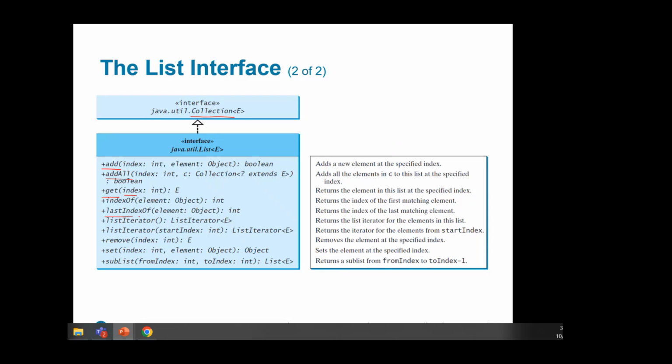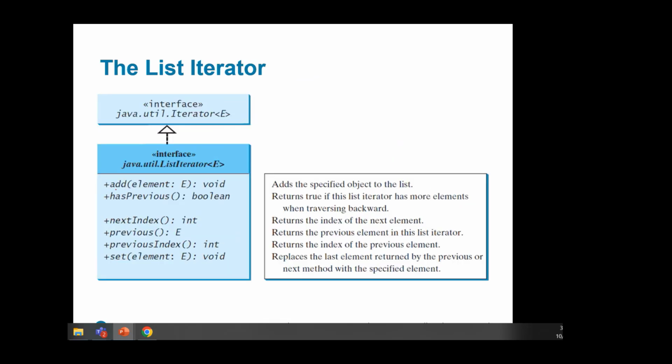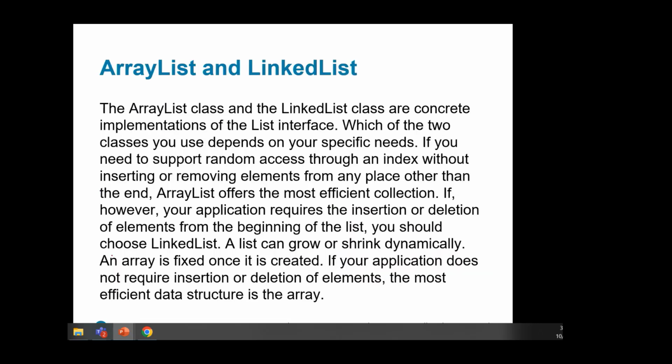Then there is last index of, list iterator, remove, set, sublist, and so on. It also provides some more functions: previous, has next, next index, previous index. So we can go back and forth in the list.